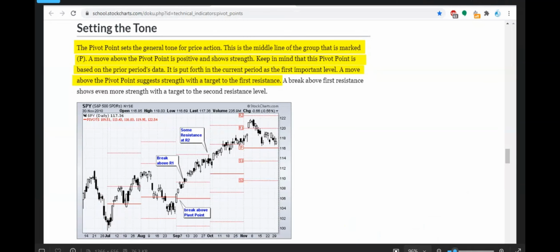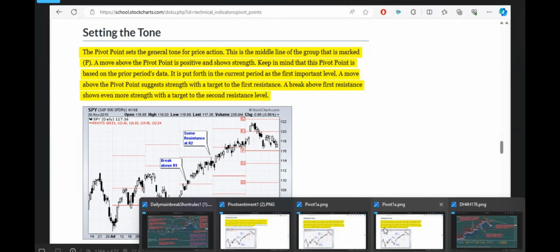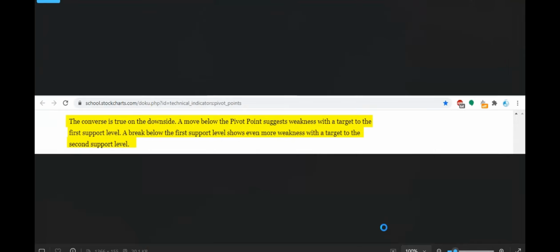And also, the same logic goes for the downtrends, right? The converse is true on the downside. A move below the pivot point suggests weakness with a target to the first support level. And here's the key reason behind the adjustment that I made.